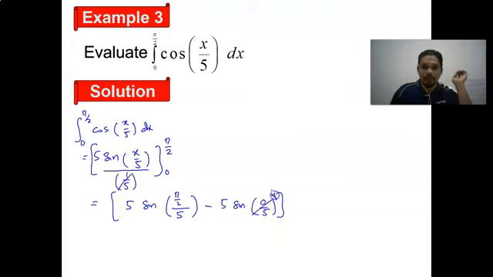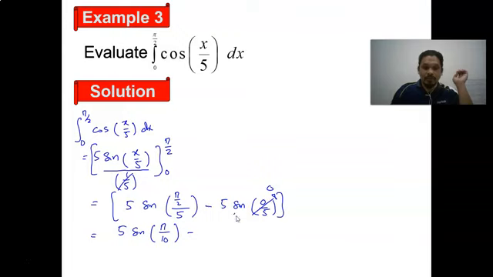And this, of course, turns into 0, right? So then here now, this comes up with 5 sine pi over 10 minus sine 0.